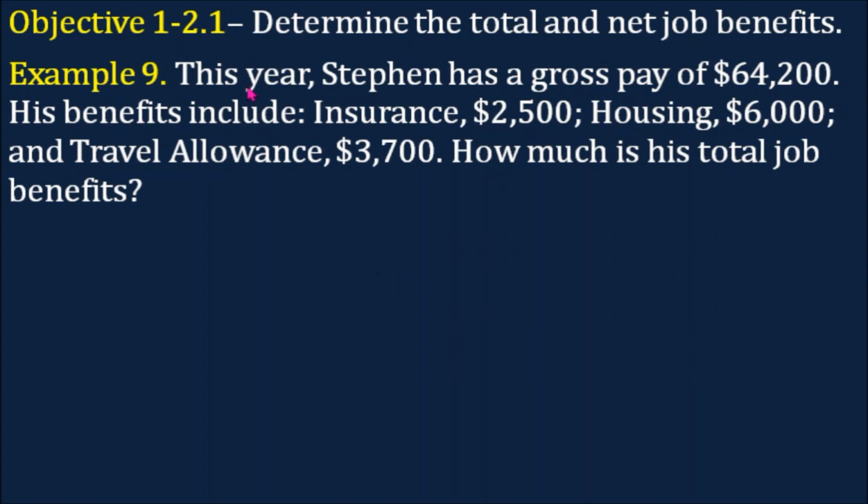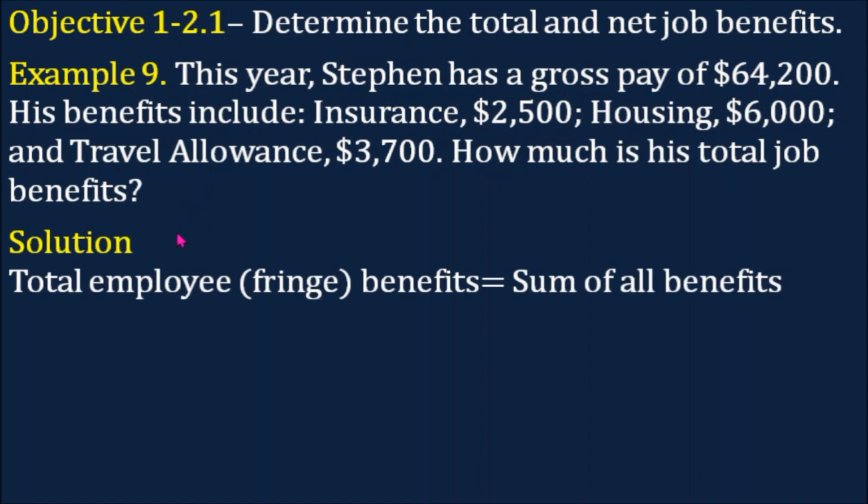Example number 9. This year, Stephen has a gross pay of $64,200. His benefits include insurance $2,500, housing $6,000, and travel allowance $3,700. How much is his total job benefits?